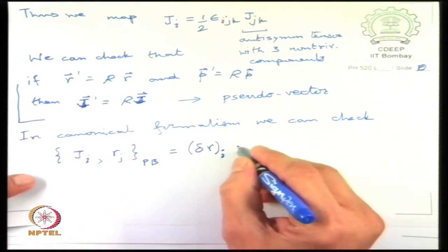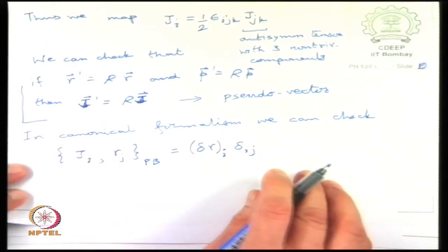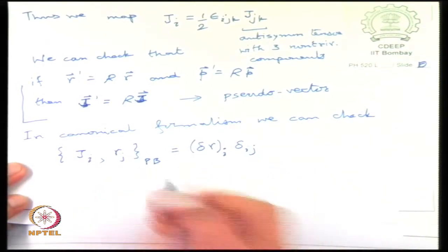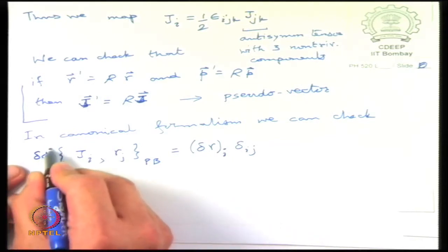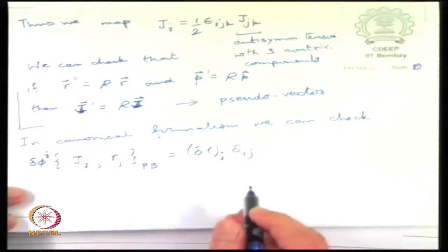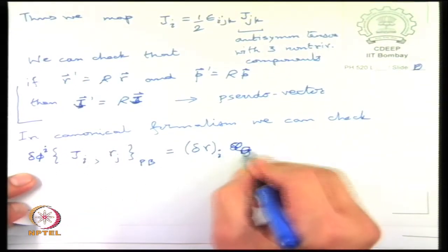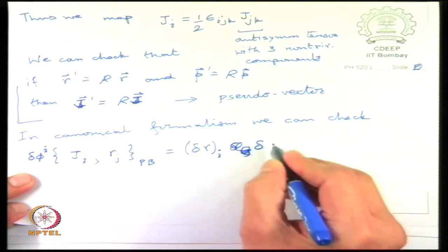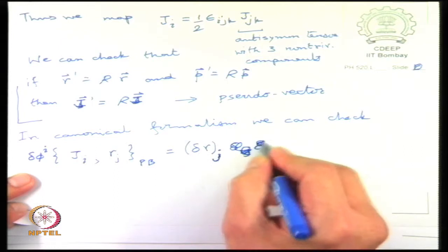So probably a delta Ij. It will rotate on, so times delta J, okay, that's enough, right.